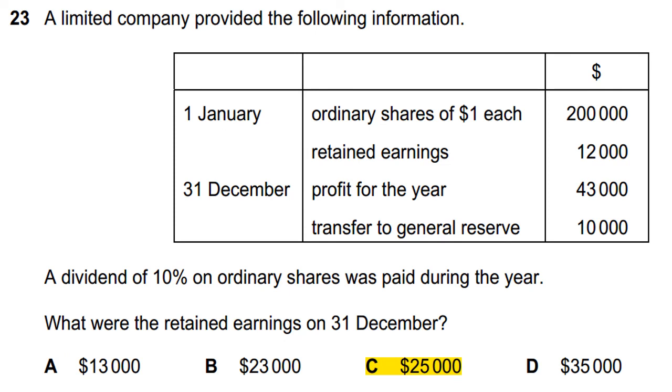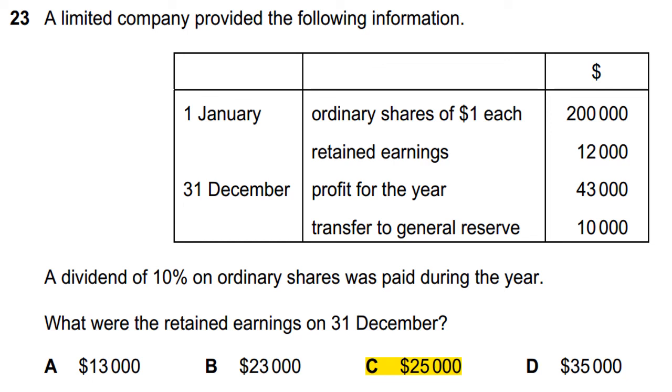And question 23: a limited company provided the following information. On 1st January, ordinary shares of $1 each, 200,000, and opening retained earnings on 1st January, 12,000, at the beginning of the year. At the end of the year, 31st December, profit for the year was 43,000, and transfer to the general reserves from this profit was 10,000.